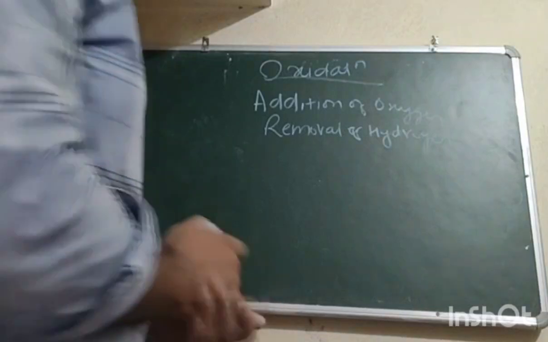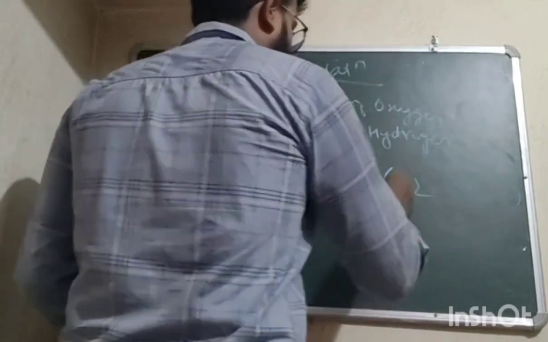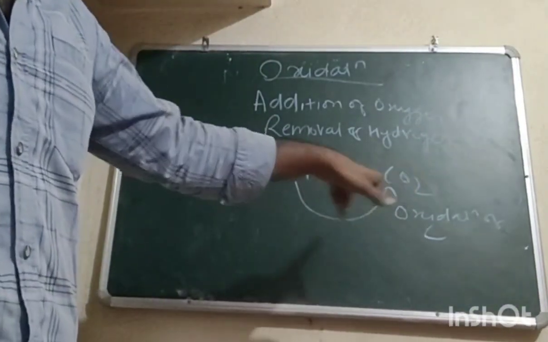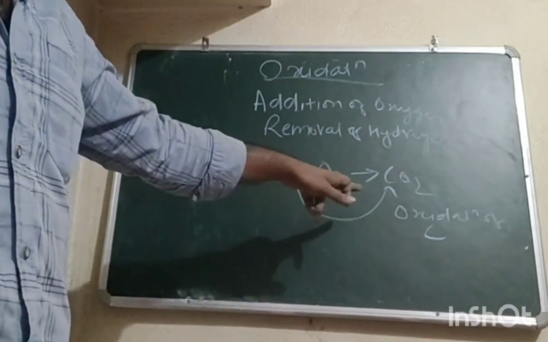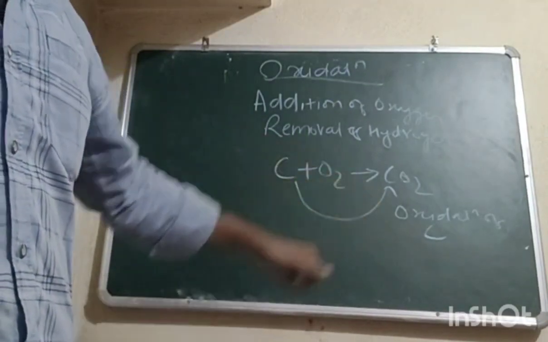For example, here oxidation of carbon is seen because this carbon is added with oxygen, so oxidation of carbon took place, right.